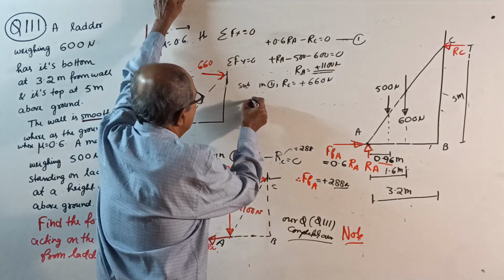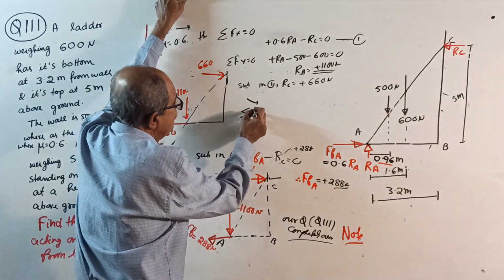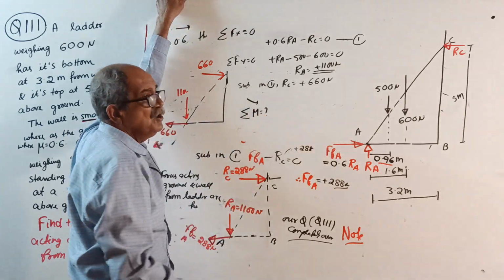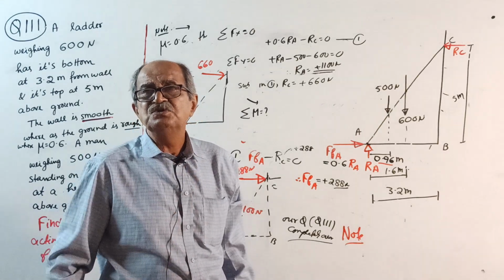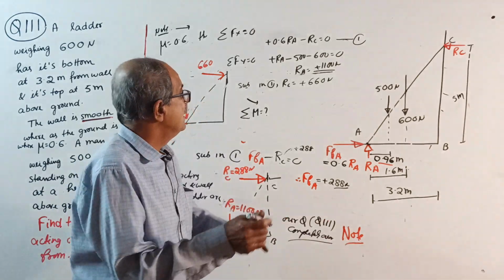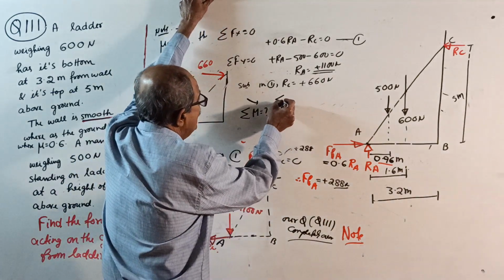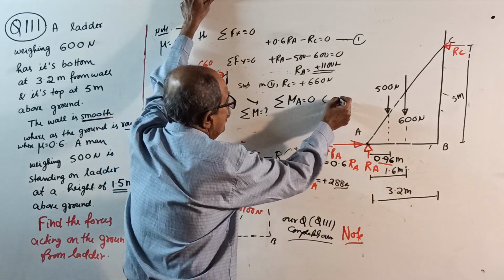Now suppose you do this way, then what about sigma M equal to 0? Oh, not used. Just because it is not used does not mean that it is not there. Therefore, calculate sigma M about A equal to 0, clockwise positive.